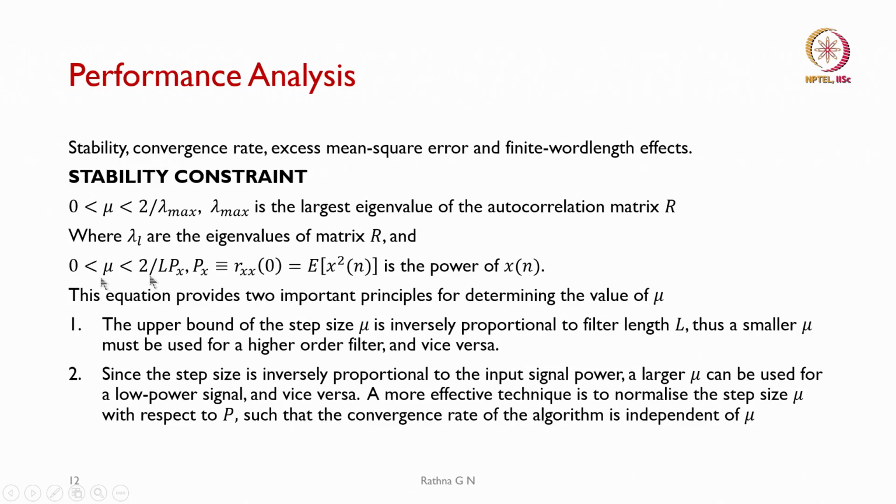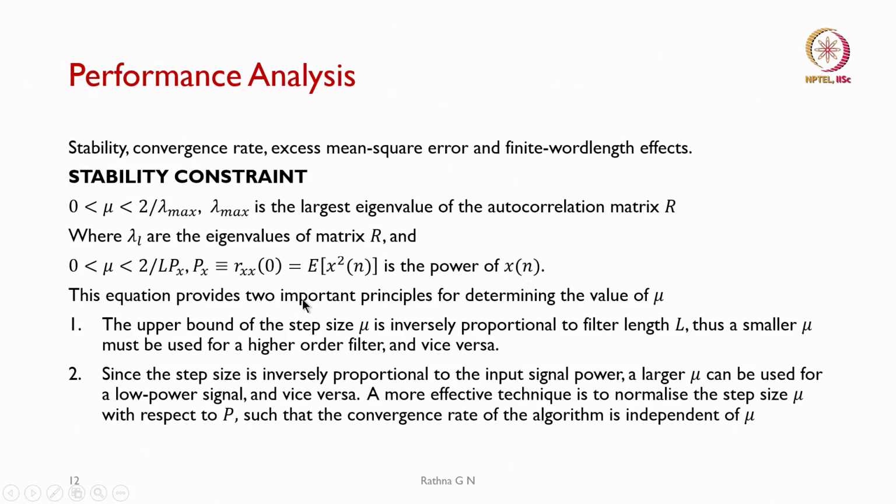The other way of selecting mu from the stability point of view is mu less than 2 divided by L times Px, where L is the length of the filter and Px is the power of the input signal, which is nothing but the expected value of x squared of n, that is r x of 0.